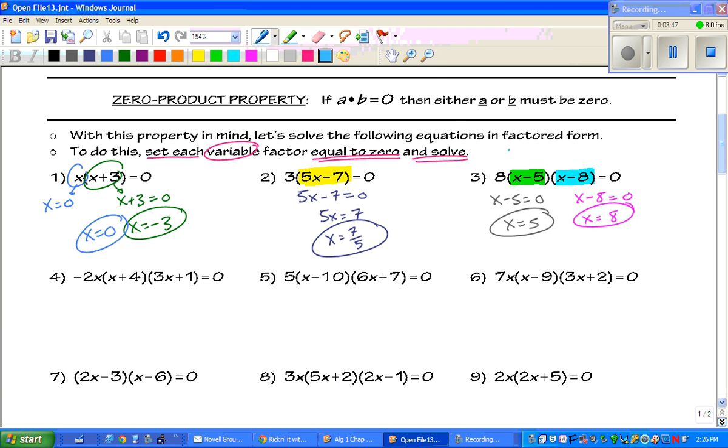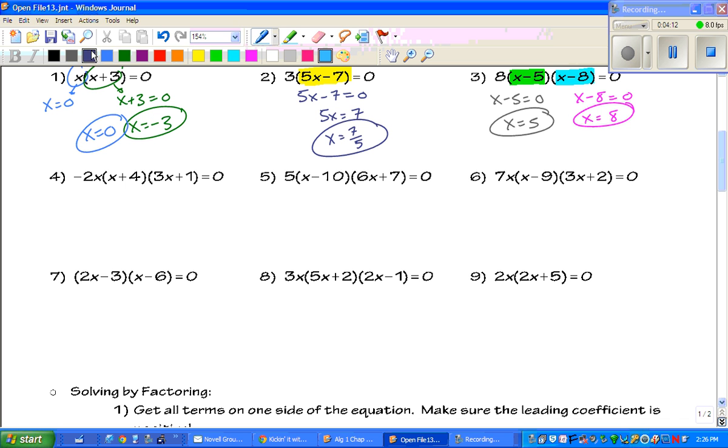Okay, now, a lot of people said, well, Mr. Grice, what about that 8 right there? Aren't we supposed to do something with that? Well, no, because if we set that equal to 0, it doesn't work. The 8 is outside because we've already factored it out of our problem, and then we don't need it anymore. Okay?